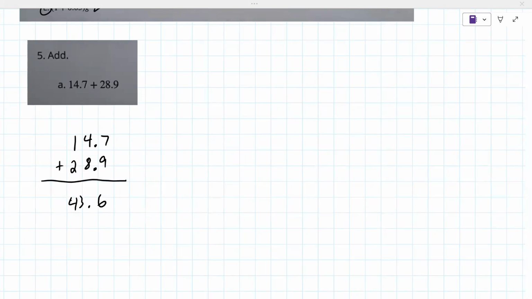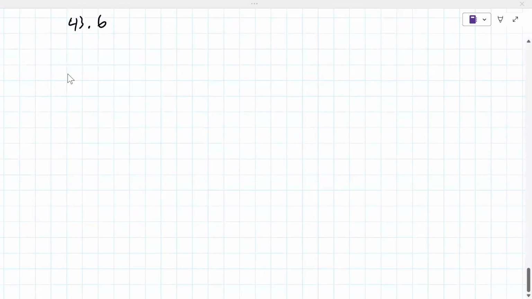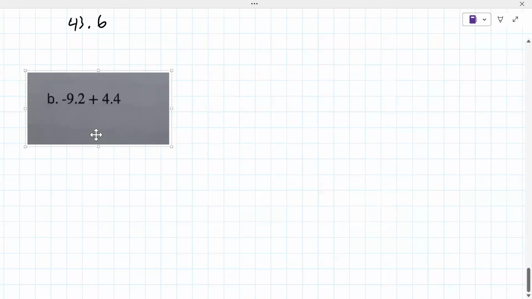All right, so for B, there's a couple ways to do it. I would recommend, and this is how they should teach it, you first determine whether the answer is positive or negative. Do you know whether the result is positive or negative just by looking at those numbers? Yeah. Okay, so which is it?